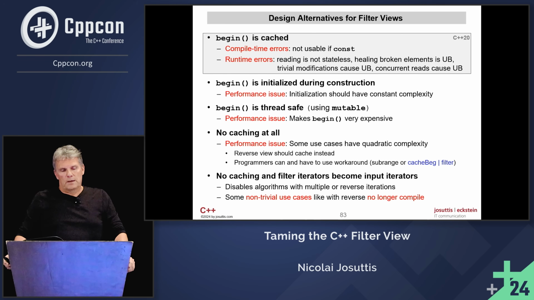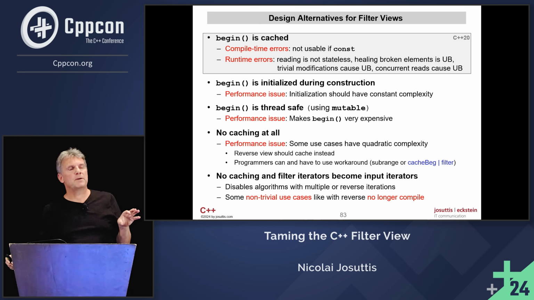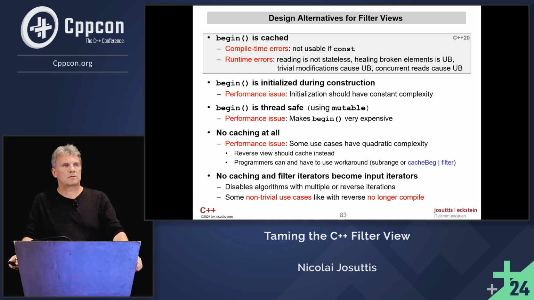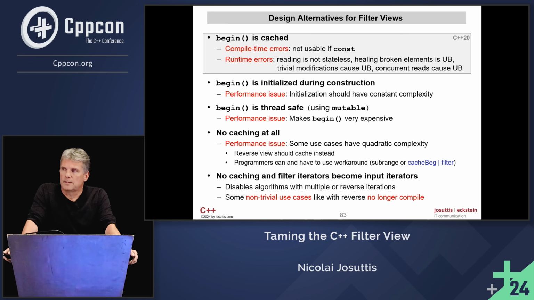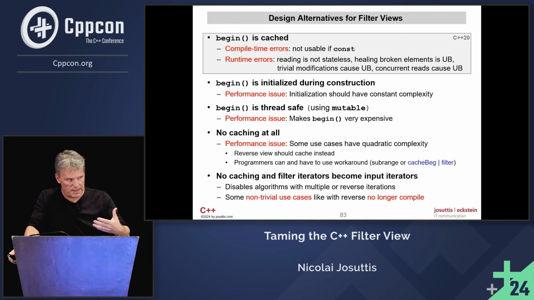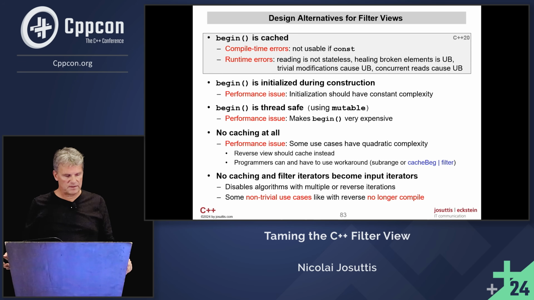So another option would be no caching and filter iterators become input iterators, which implies you cannot iterate twice over the elements. And you can still call empty, which doubles the time, but you don't have quadratic complexity.